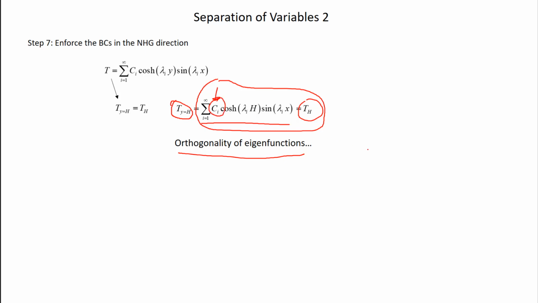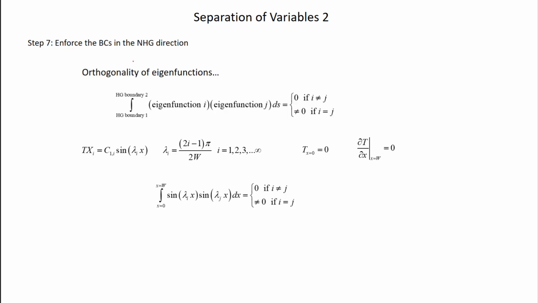So let's start with, what is orthogonality? What does that even mean? Orthogonality of the eigenfunctions just means that if I take one eigenfunction, let's call it eigenfunction i, and multiply it with another one, eigenfunction j, and integrate from one homogeneous boundary to the other, then I get 0 for every combination of different eigenfunctions.